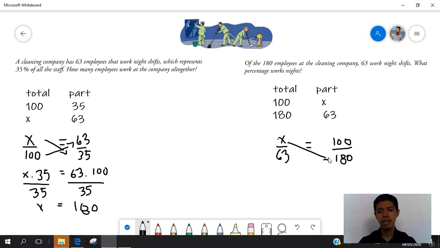Now I can multiply like in a cross, and I will have that X times 180 is equal to 100 times 63. Now I need to leave the X alone, so I will divide both parts by 180.